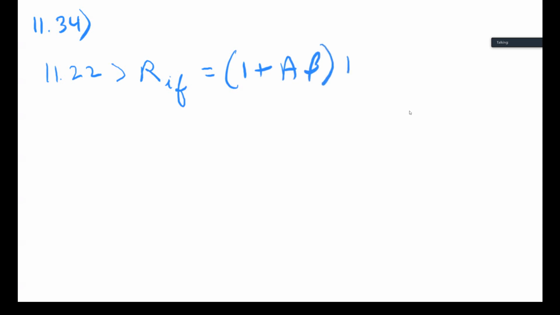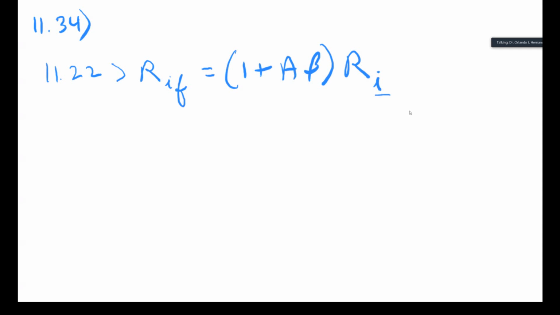So they're talking about 11.22. Just looking from the book, that equation is for the input impedance of the closed loop case, equal to the amount of feedback times the input resistance of the open loop.